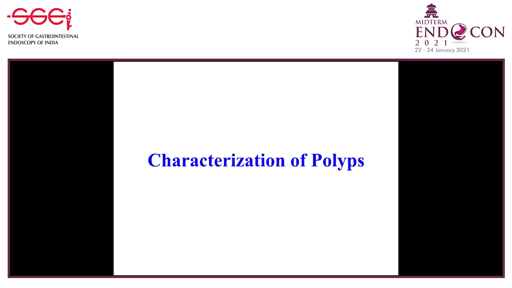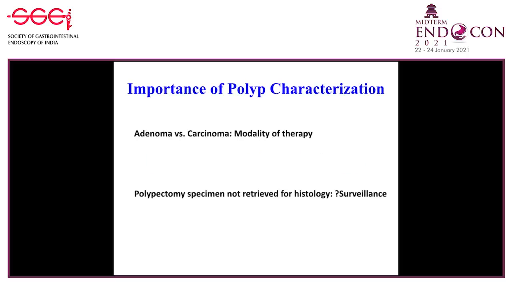This is one area where a lot of work has been done on NBI in colorectal lesions. When we say characterization, it means we want to identify whether the polyp is adenomatous, hyperplastic, or malignant. What is the importance of real-time characterization of polyps?